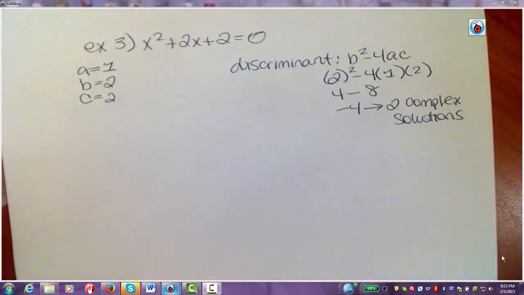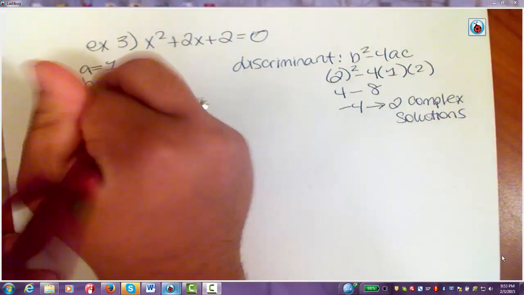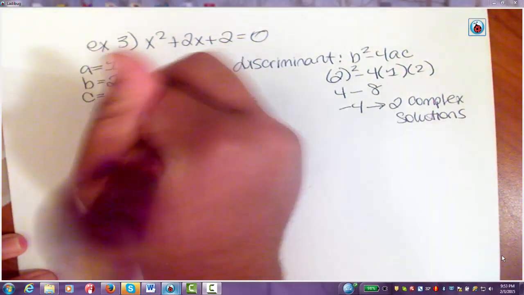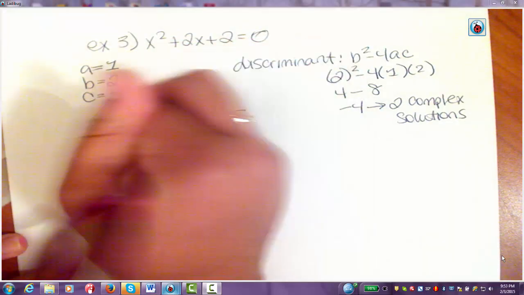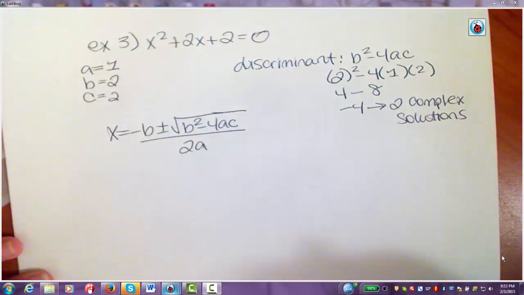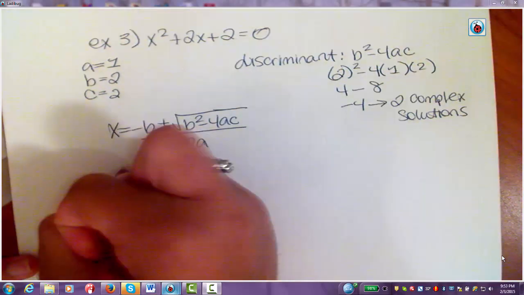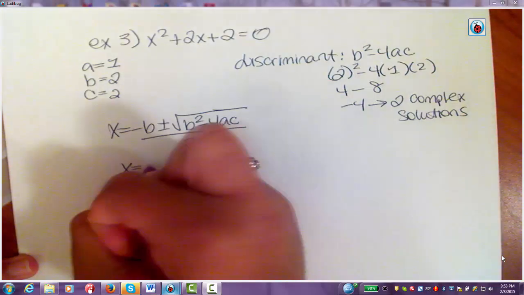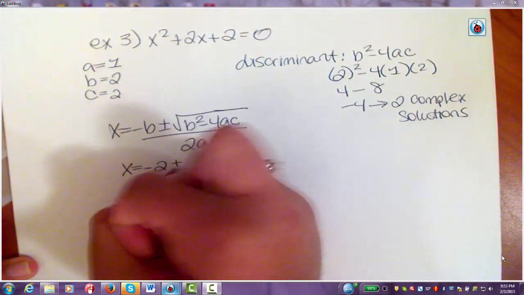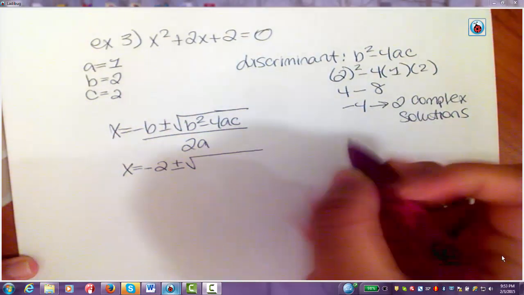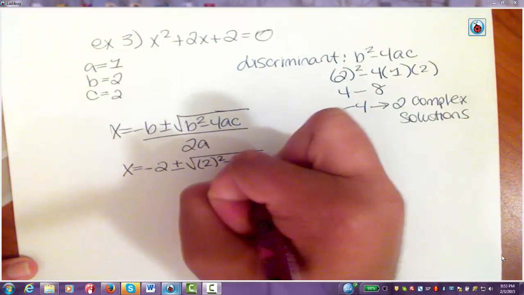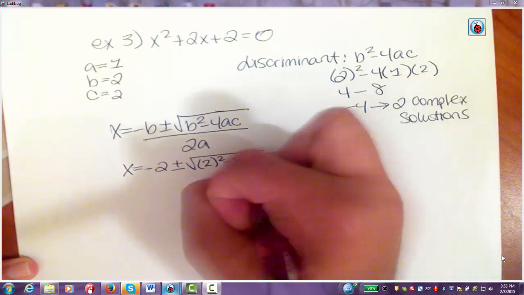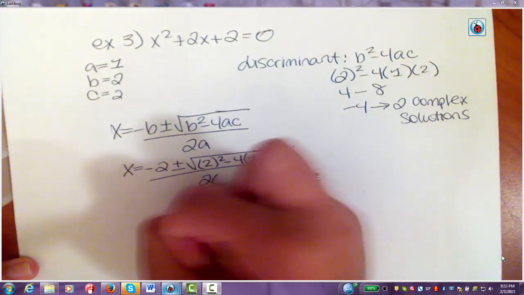Alright, so now let's use the quadratic formula to solve. So x equals negative b plus or minus the square root of b squared minus 4ac all over 2a. Now let's substitute our values. So x equals negative 2 plus or minus the square root of 2 squared minus 4 times 1 times 2 all over 2 times 1.